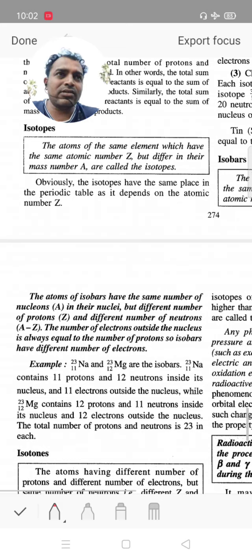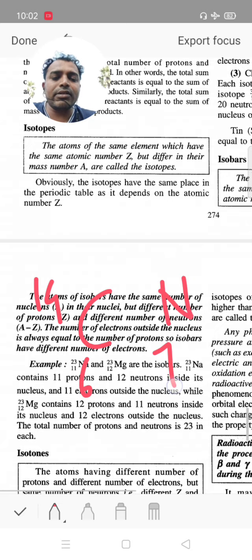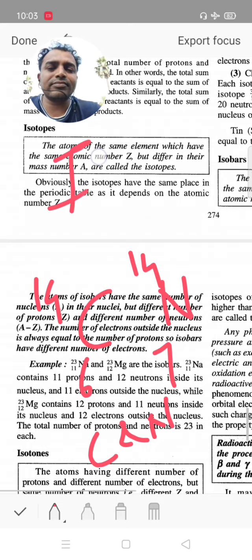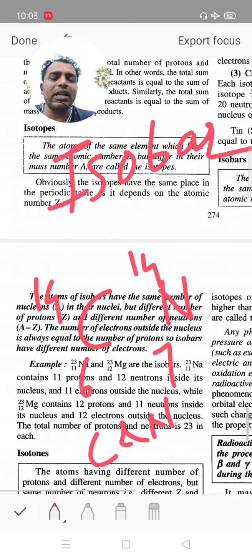An example is carbon-14 and nitrogen-14. Carbon and nitrogen have different atomic numbers, but both have the same mass number 14, so it is an example of isobar. Isobars have the same mass number but different atomic number.